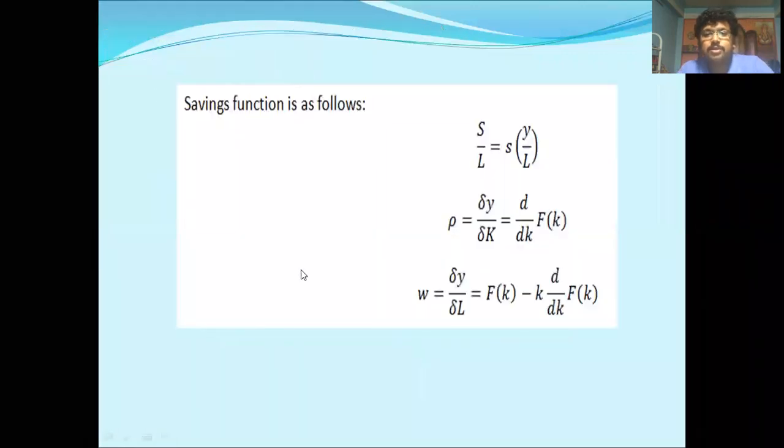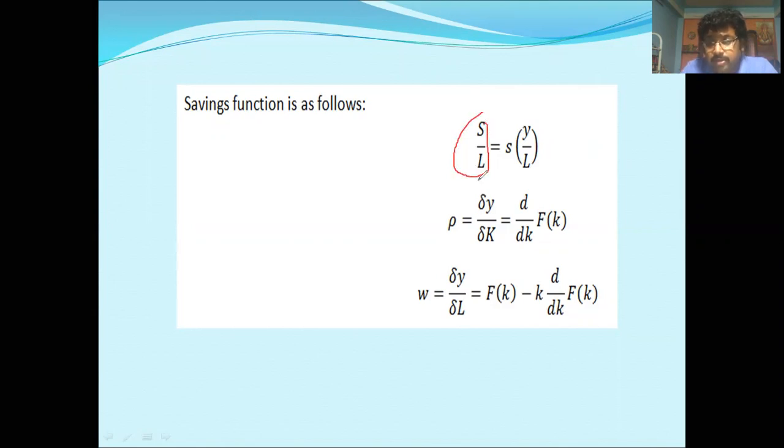In the next slide, you can see that we'll spread some light on the saving function. You should remember that in the Harrod model, the saving is determined by the permanent income hypothesis. So in the Solow model also, saving is determined by the permanent income hypothesis, a fixed proportion of the real income. And here the saving is the saving per head.